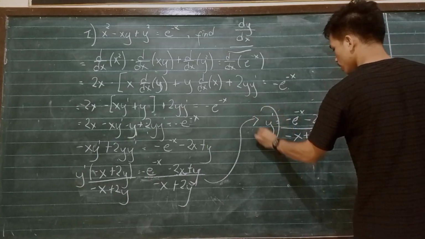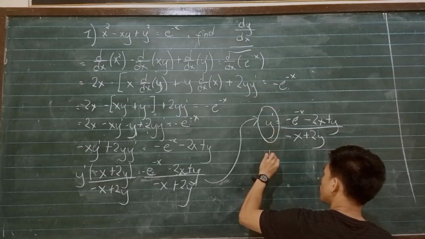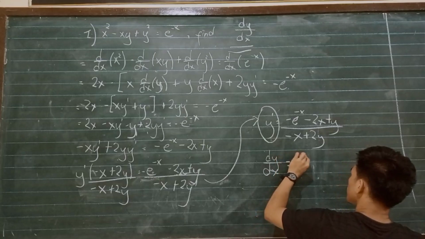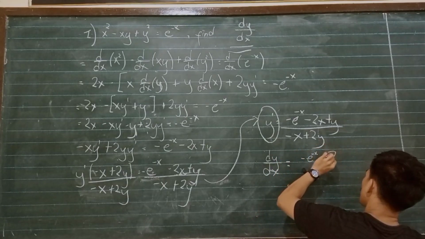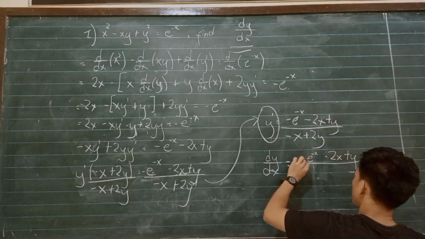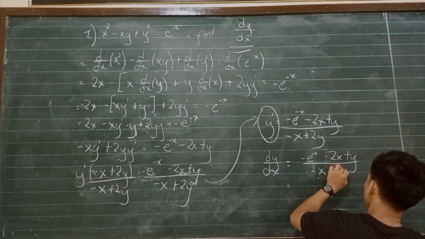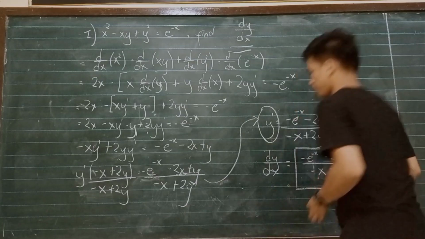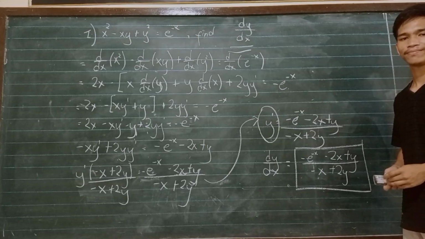Then we substitute y prime with dy over dx, which is equal to negative e raised to negative x minus 2x plus y over negative x plus 2y. And this is the answer for question number 1.